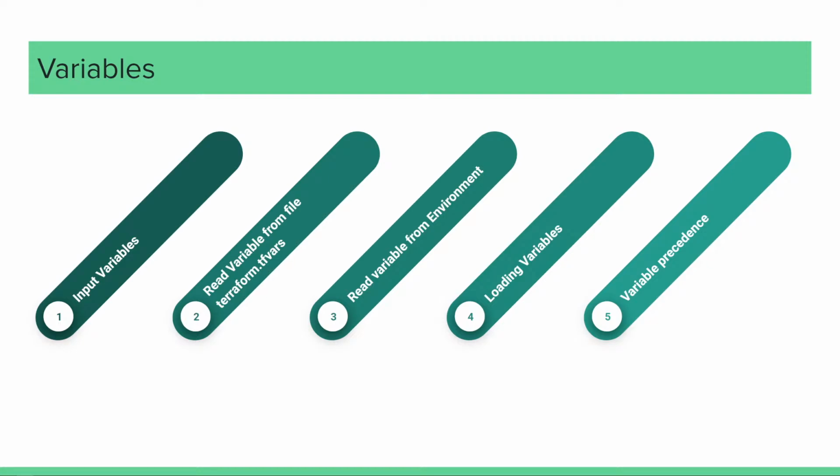Now the variable precedence and the way it is read. For example, if the value exists in the environment, it will read from the environment variable. If you have a terraform.tfvars, it overrides the values from the environment variable and reads directly from the terraform.tfvars file. And finally, it will read the value from the command line.